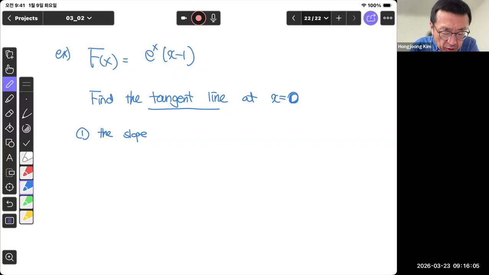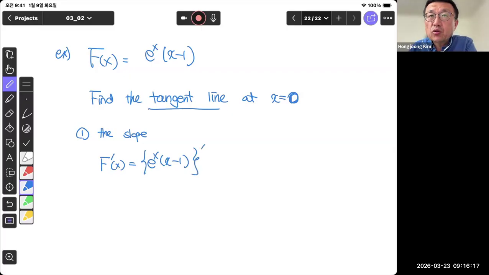If I differentiate this uppercase F, it is the product of two functions, so you need to differentiate each function one by one. I differentiate e to the x first, without differentiating x minus 1, and then plus e to the x times the derivative of x minus 1.